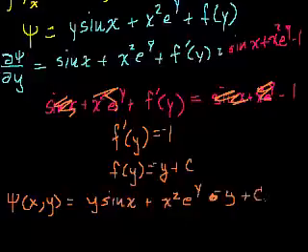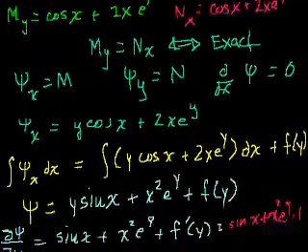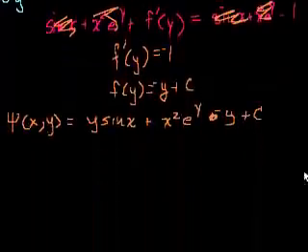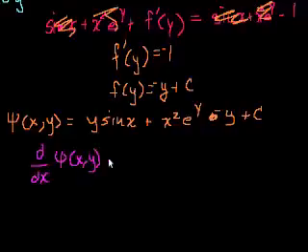And so what does that tell us? Well, using the partial derivative chain rule, that original differential equation can be rewritten as the derivative with respect to x of xi, a function of x and y, is equal to 0.